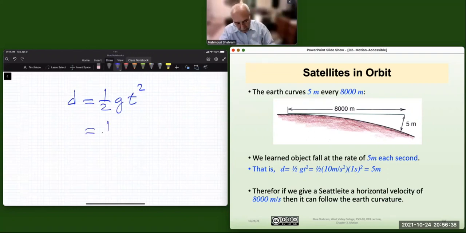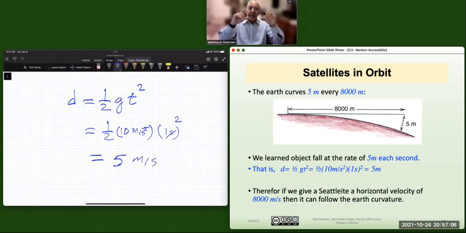It's equal to 1/2 g, which is 10, or 9.8. Let me put the unit here. Meter per second squared, times 1 second squared. So this is basically 5. So it drops in 1 second 5 meter.